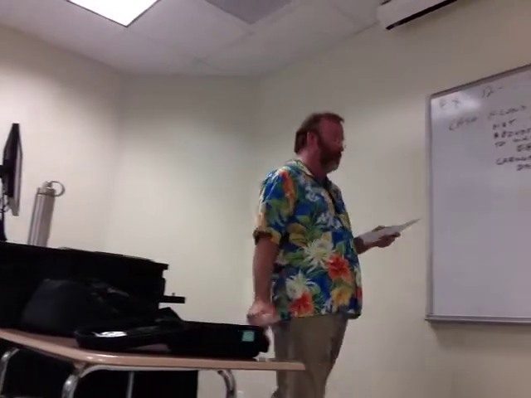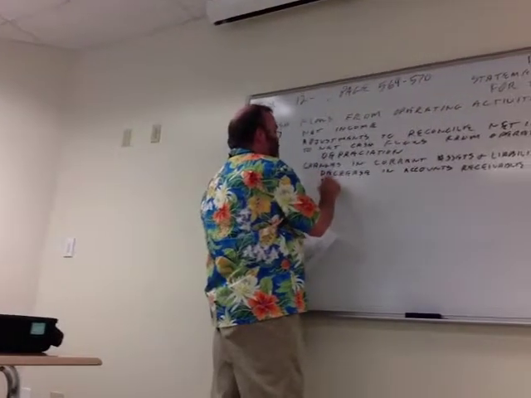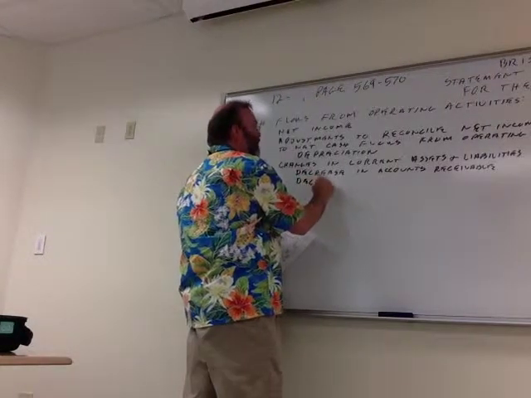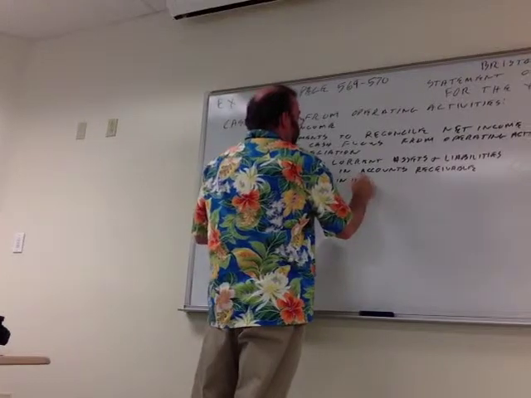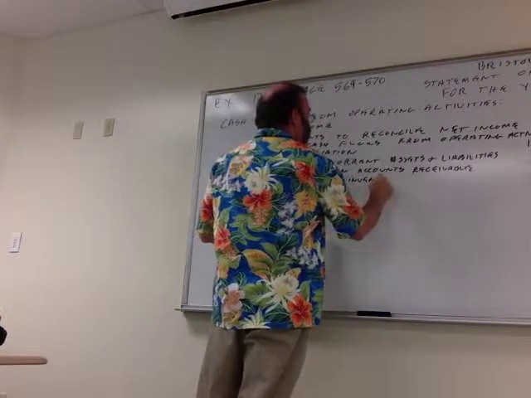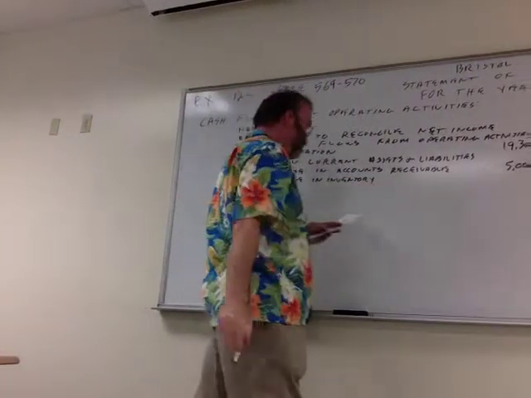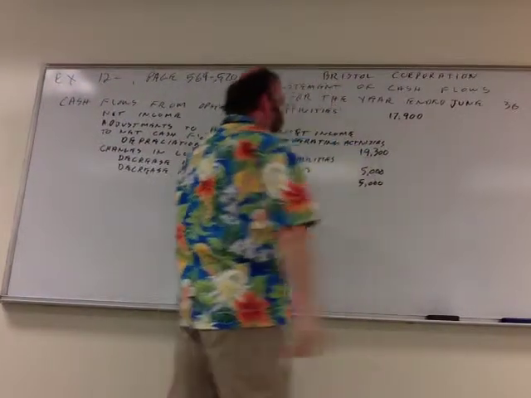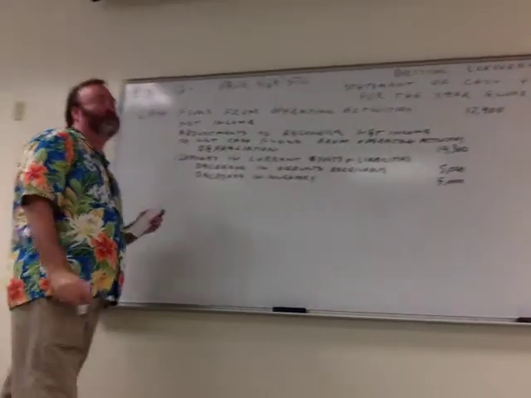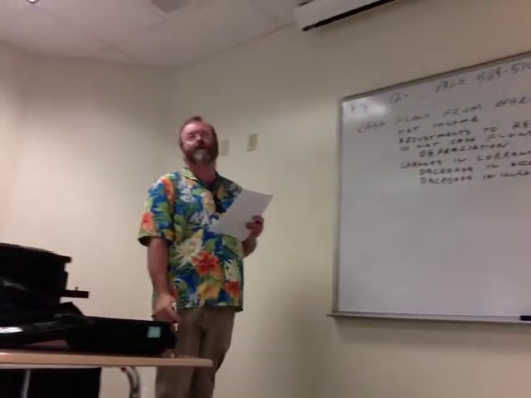Inventory went from $48,400 to $43,400. We had a decrease in inventory of $5,000. So just like accounts receivable, if inventory goes down, cash goes up.